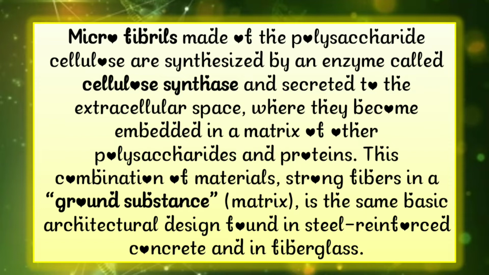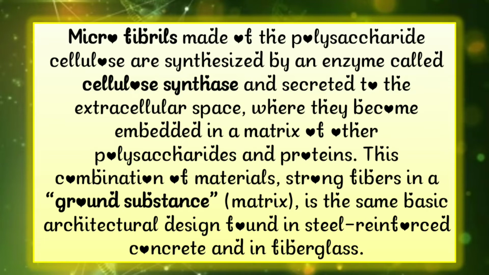Microfibrils, made of the polysaccharide cellulose, are synthesized by the enzyme called cellulose synthase and secreted to the extracellular space, where they become embedded in a matrix of other polysaccharides and proteins.